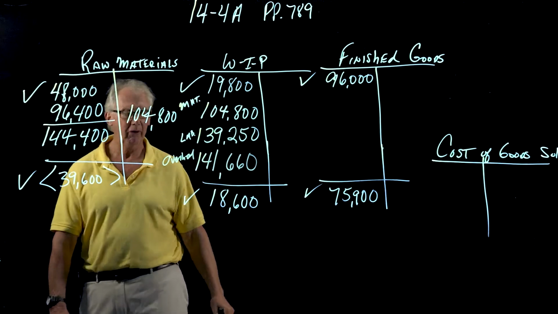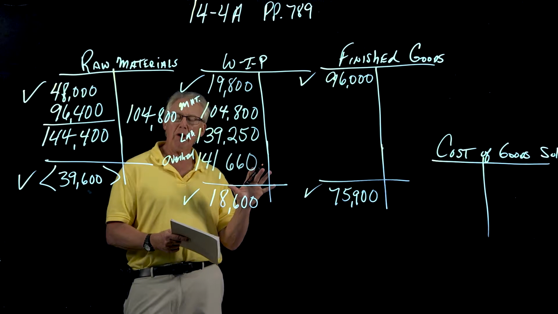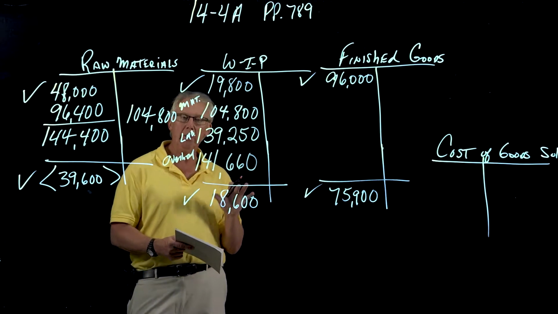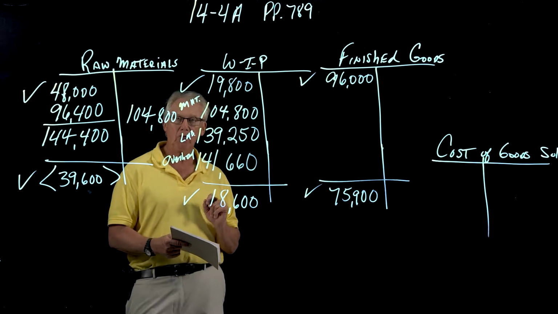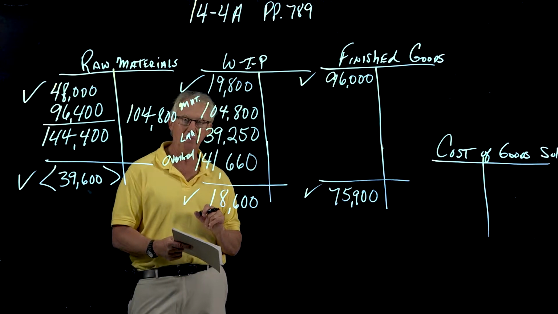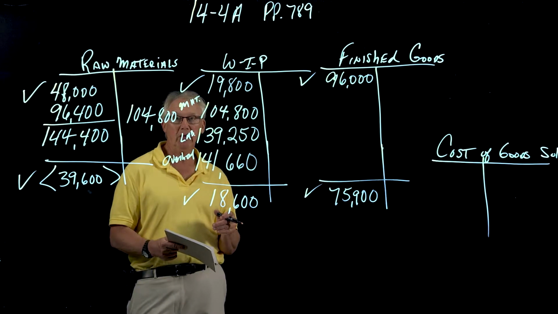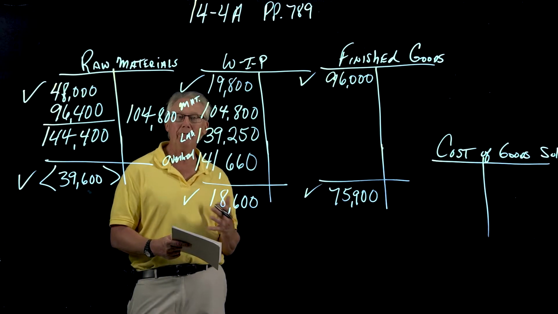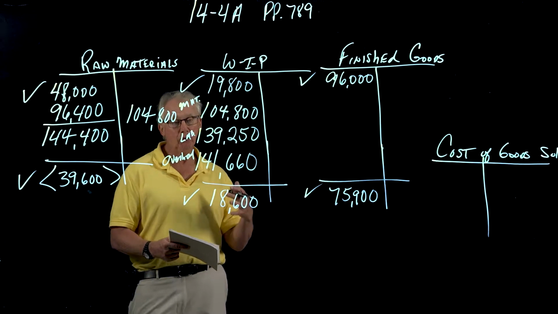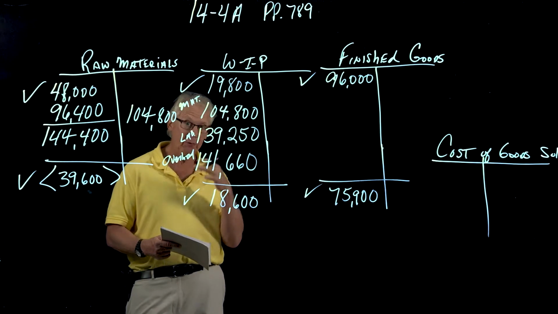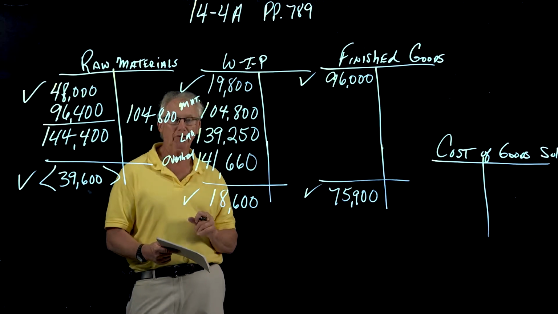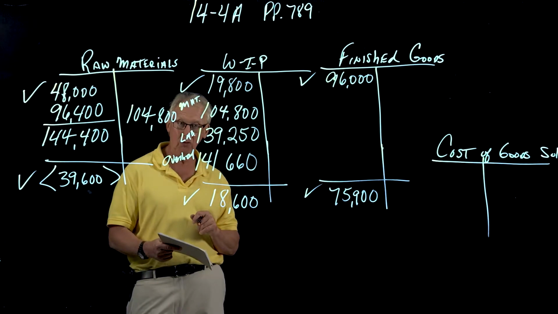Okay, total overhead. Now, indirect materials and indirect labor are always part of manufacturing overhead. So anytime you see those two costs, you can include those in your overhead cost. And like I said, the rest, just look for the word plant or factory. And as soon as you see that word, those costs, if they're not direct materials or direct labor, which most of the time they're not, those costs are included in the overhead cost.